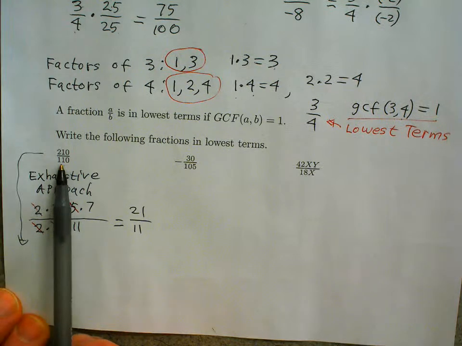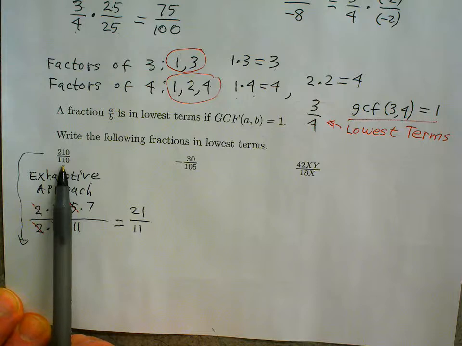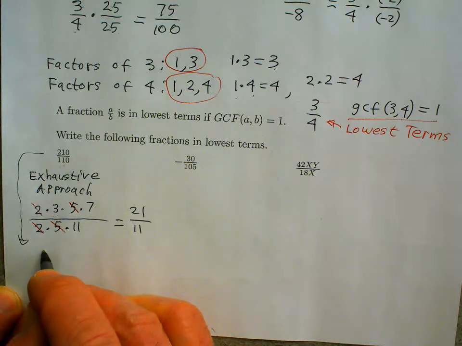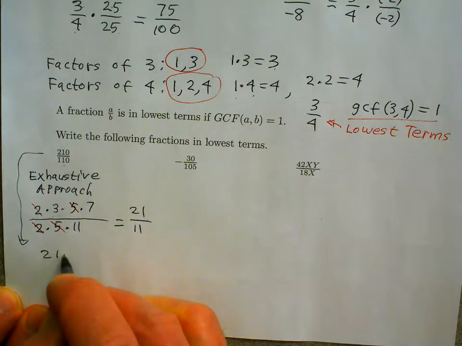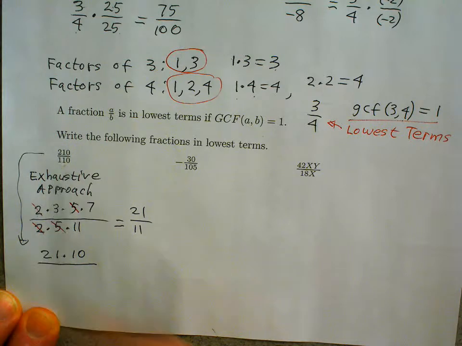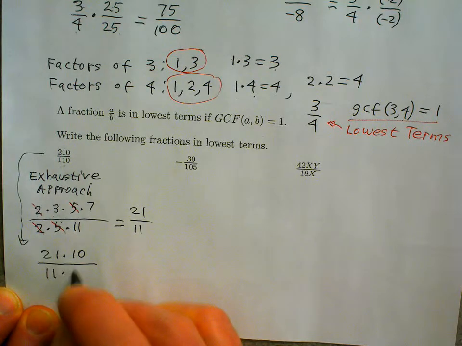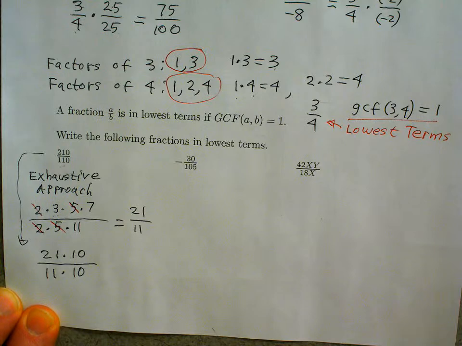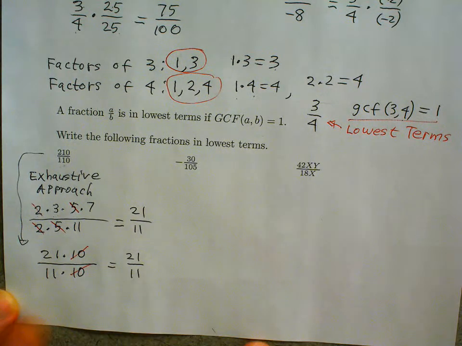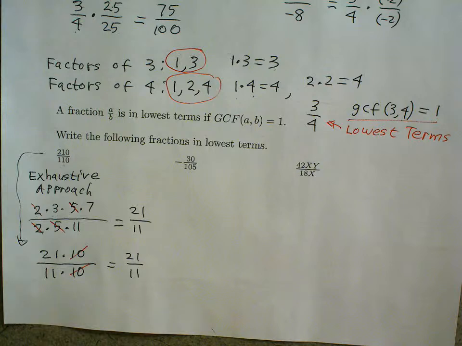If we look at 210 divided by 110, we can notice, well, 210 is 21 times 10. And in the denominator, 110 is 11 times 10. And 10 divided by 10 is 1. So those cancel each other out, and we get 21/11. So that's a little bit quicker, and that's perfectly fine.